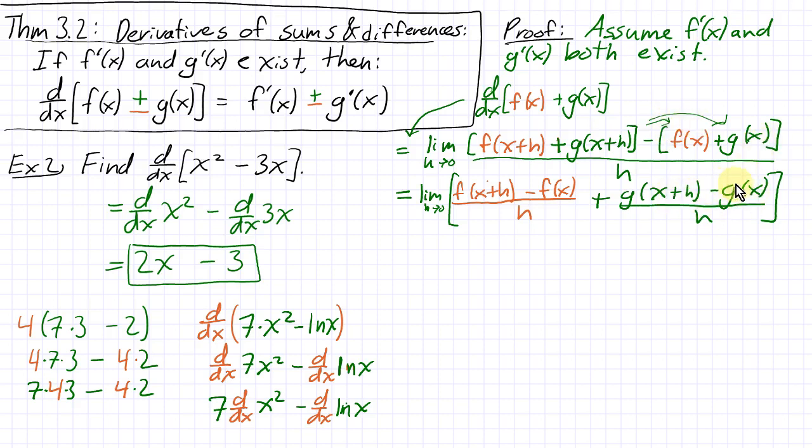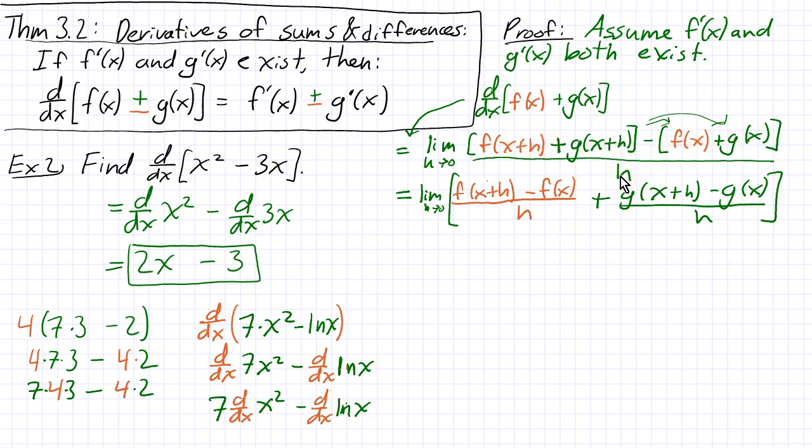So that gives you this other thing. And of course you can write them as both over h here, because if you add them together, they have the same denominator and they would just combine into one big combined numerator all over h.